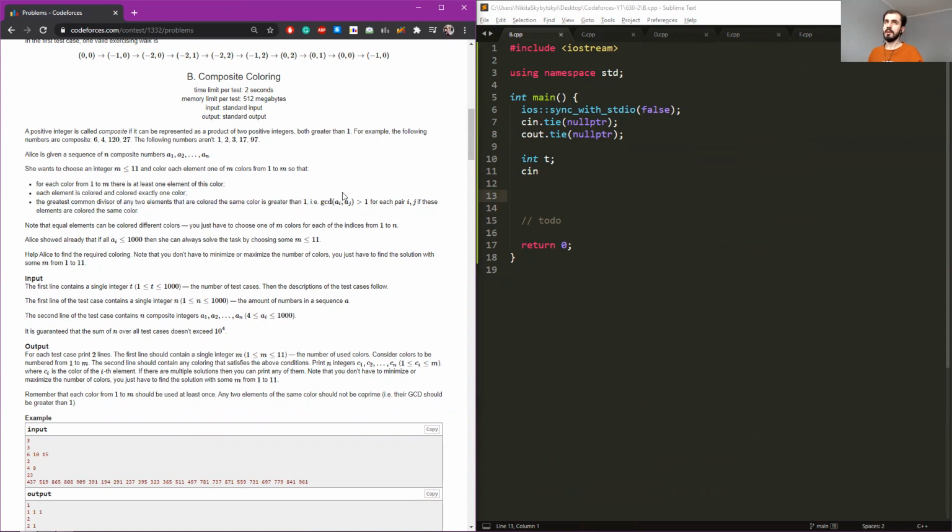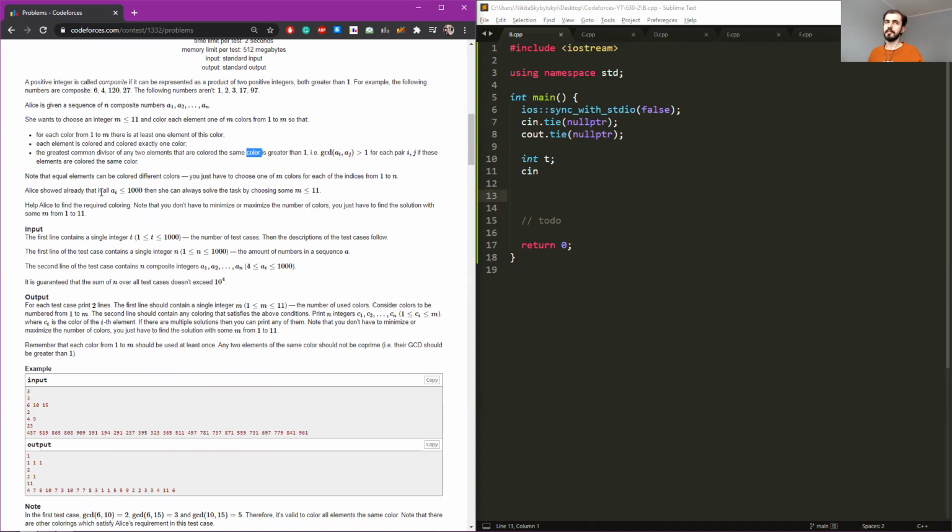Okay. So basically we can take all even numbers in their own group, and then all numbers divisible by 3 or something like that.